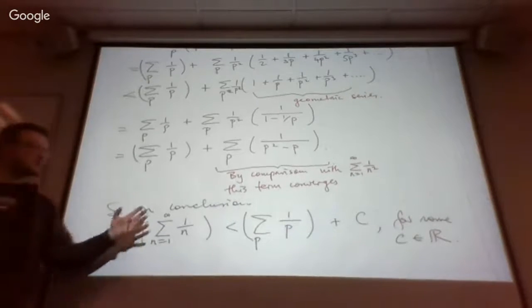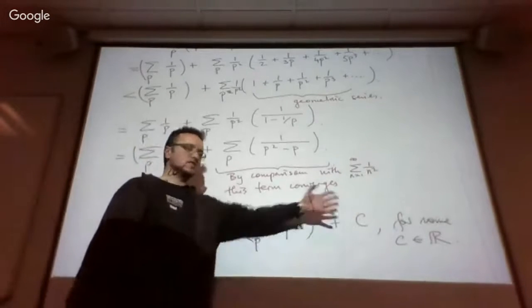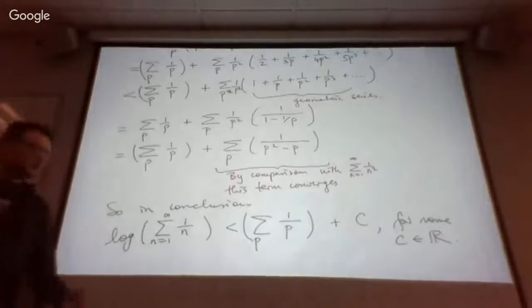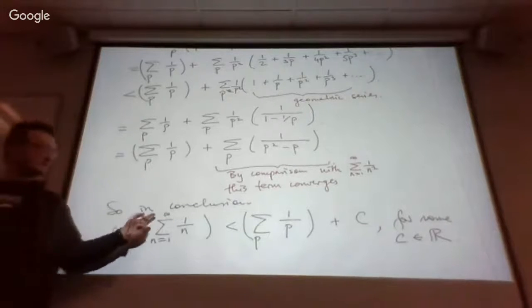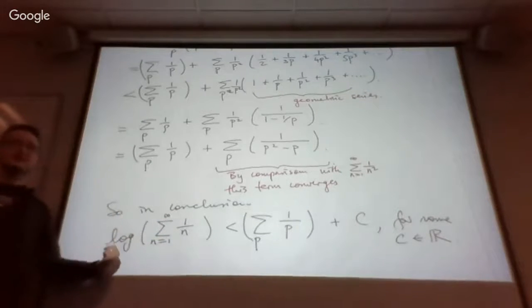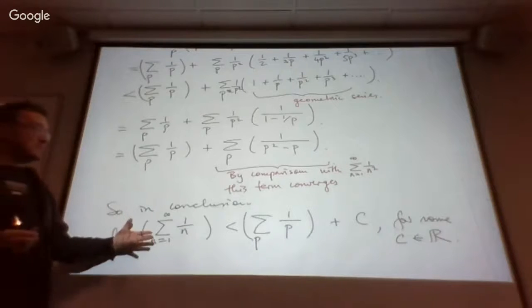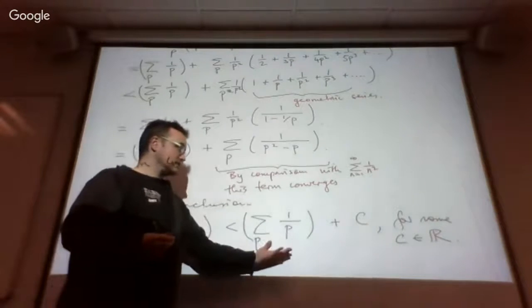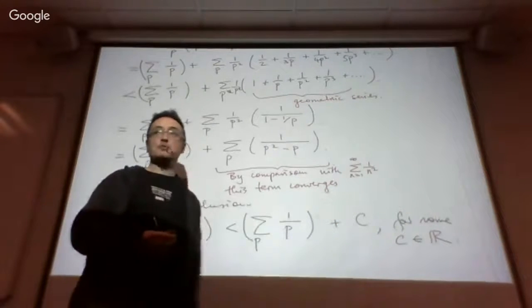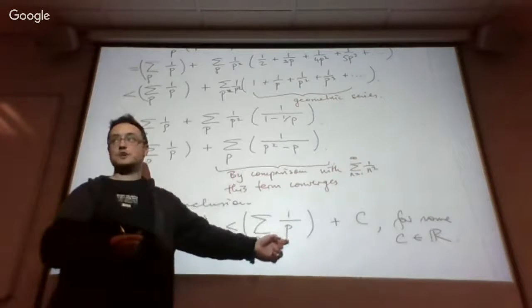It can't be strictly less than some finite thing plus another finite. Because this is the logarithm of the harmonic series. The harmonic series grows and grows without any upper bound. So if you take the logarithm of it, you're also going to have something that grows and grows without any upper bound. Infinity in a sense. And how can infinity be less than something plus a finite number? Well, the only way that could happen is if this was infinity itself as well.